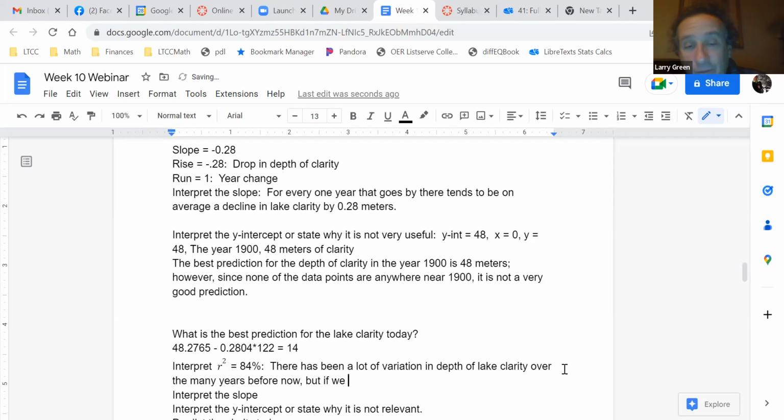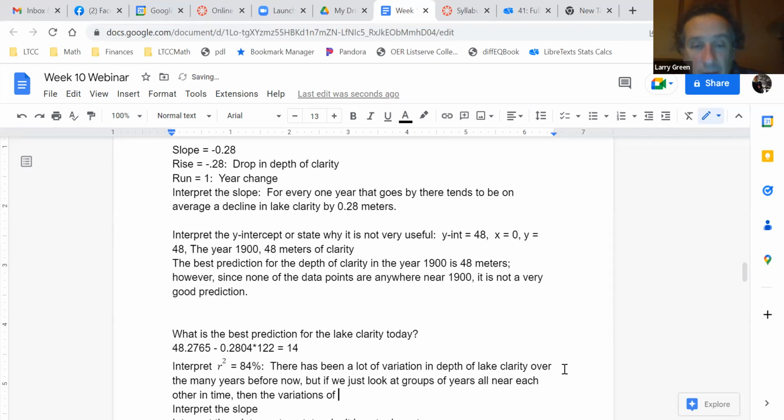But if we just look at groups of years all near each other in time, then the variation for these groups on average will be decreased by 84%.